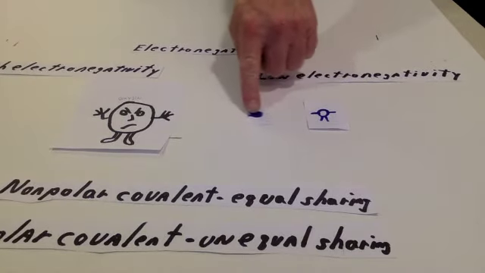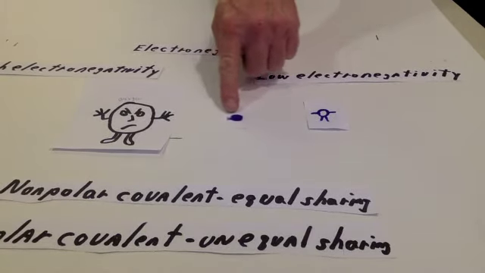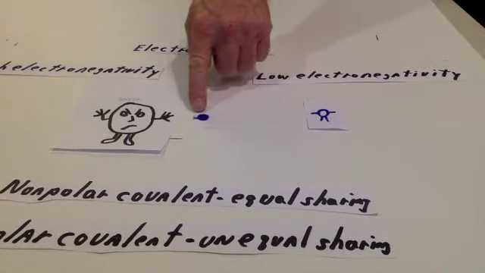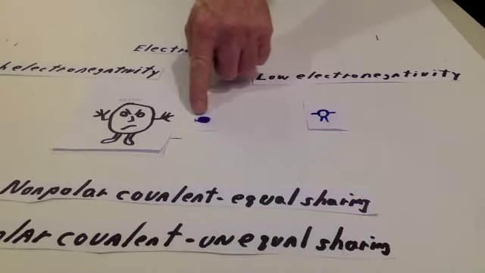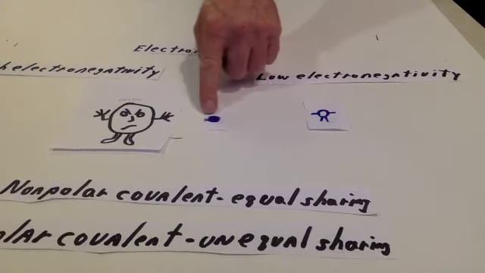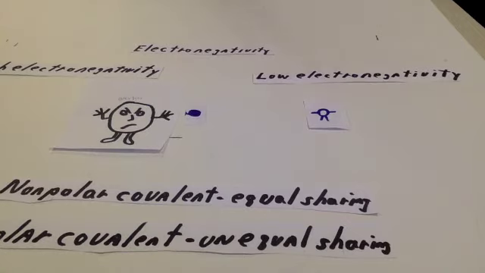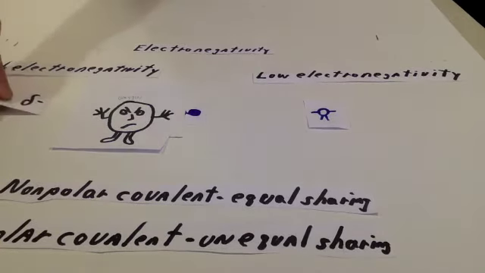So as they're trying to share this electron, the big, strong oxygen is going to have a greater pull on the electron, and it will pull the electron closer to it. So because of that, the oxygen will have a slightly negative charge, or a partial negative charge.